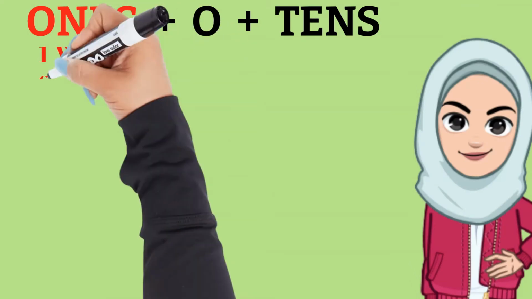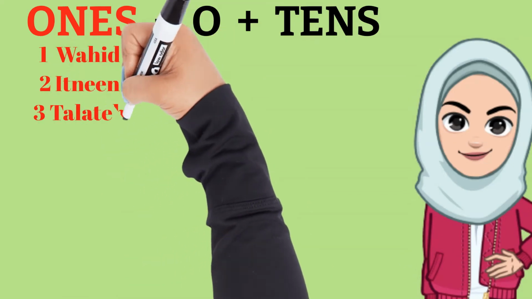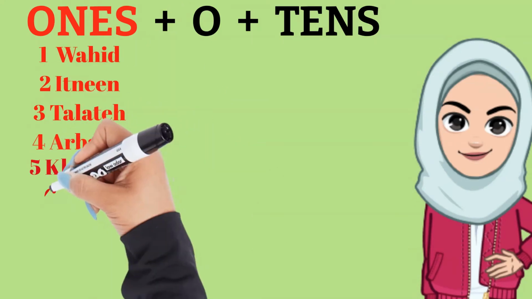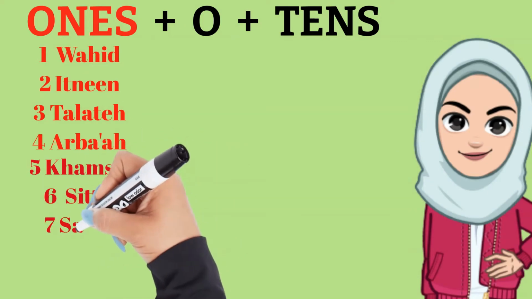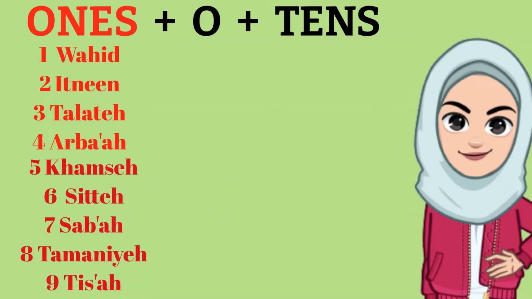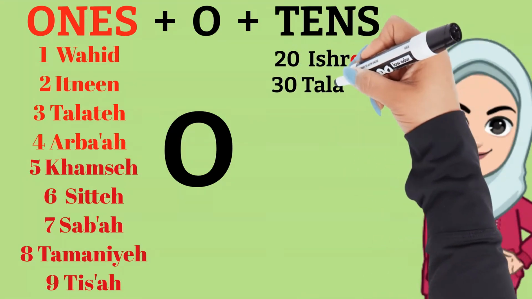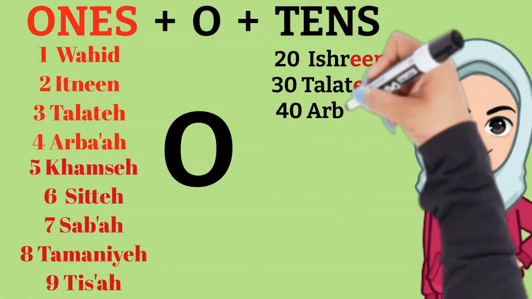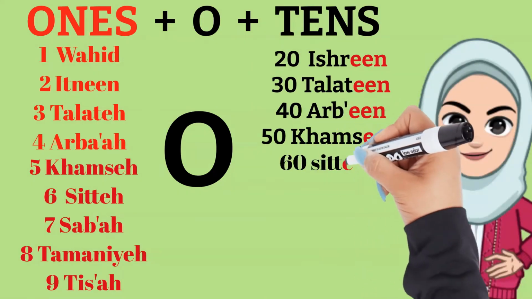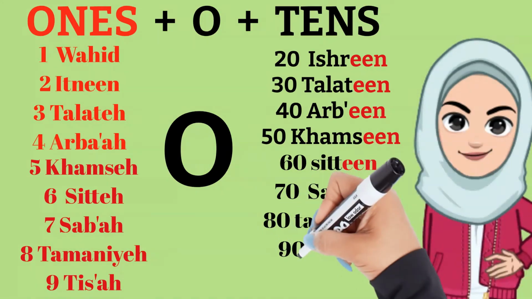One, two, three, four, five, six, seven, eight, nine. Add و, which means and, then add the tens: 20, 30, 40, 50, 60, 70, 80, 90.